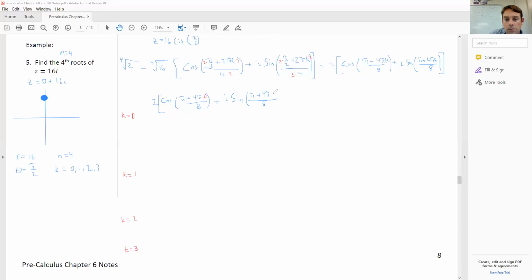Times 0. So we end up with 2 cosine of pi over 8 plus i sine of pi over 8.